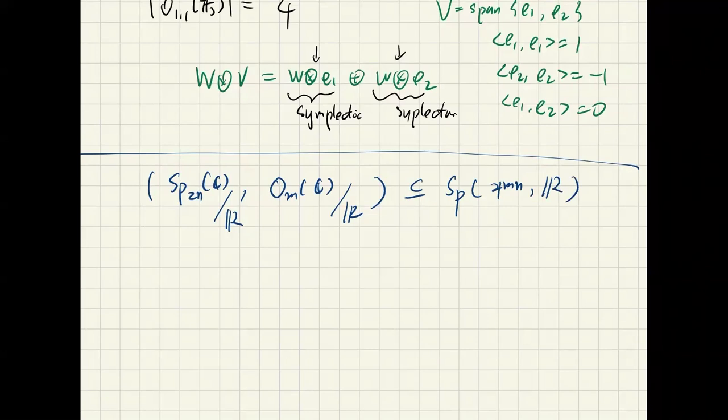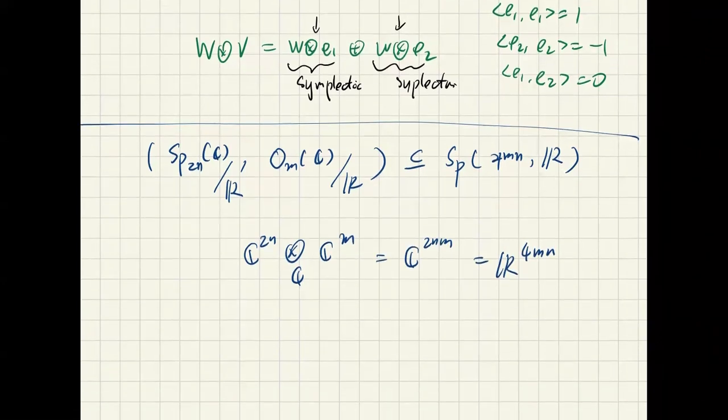This is actually a non-absolutely irreducible dual pair, because this space is C^{2n} tensor over C of C^m, so this is C^{2nm}, and you do the restriction of scalars, so this is R^{4nm}.